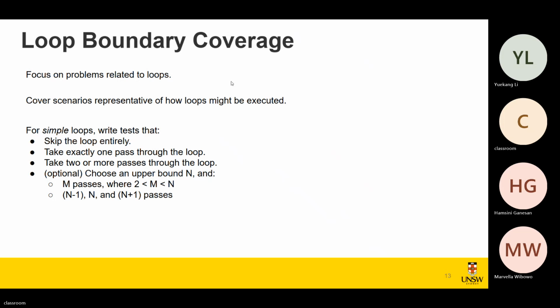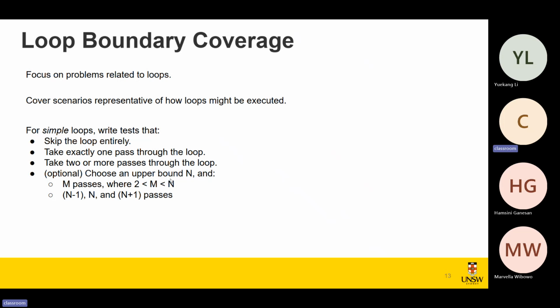So here, the strategy of developing test cases according to loop boundary is like this. We can write a test case that will skip the loop entirely. This means that we are executing the loop 0 times. And then we can also write a test case that can execute the loop exactly once. And then we can write some test cases that can execute the loop 2 or more times.